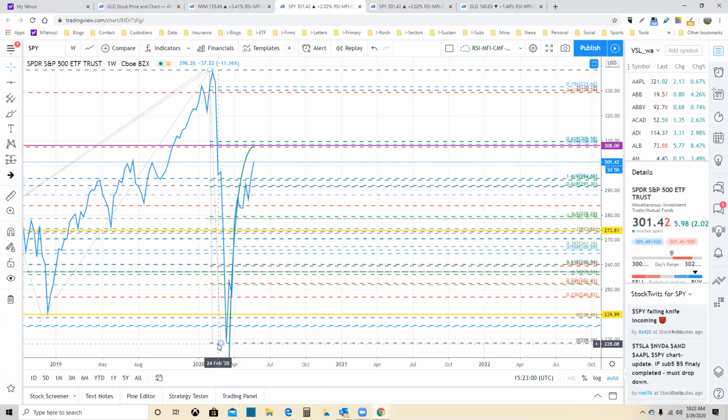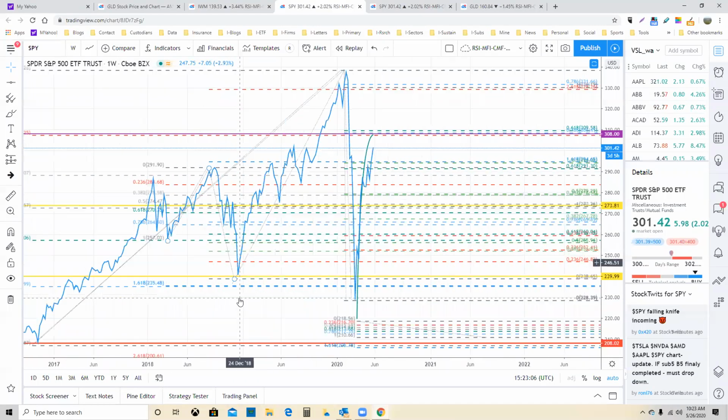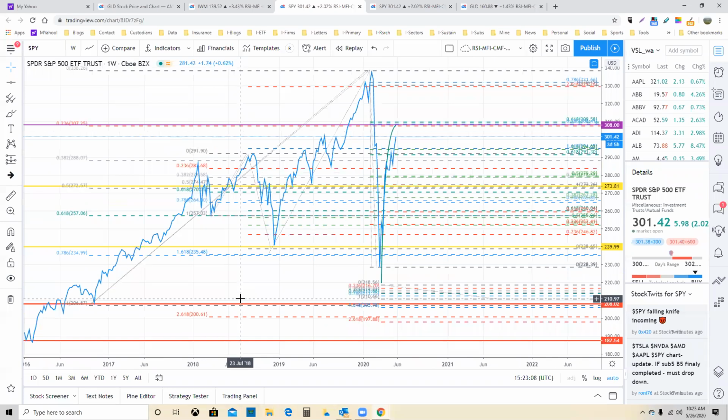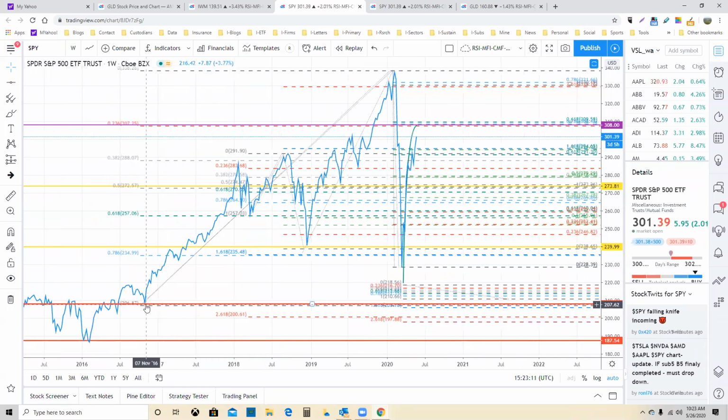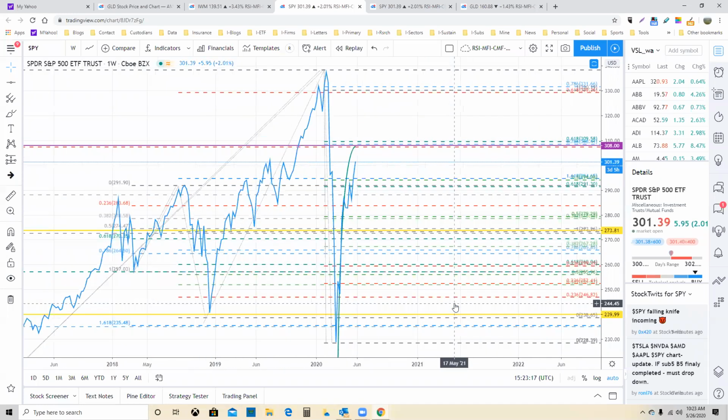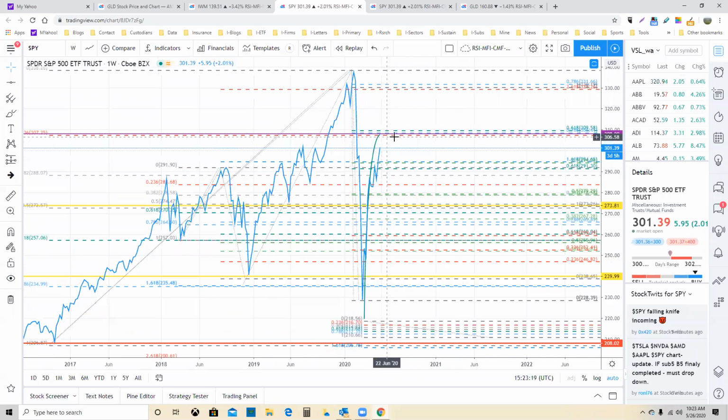I mean, that's pretty interesting. And this represented almost a complete wipeout, right? So this red line here would wipe out the Trump rally. At this point, imagine if that happens. And that's a pretty good correction.